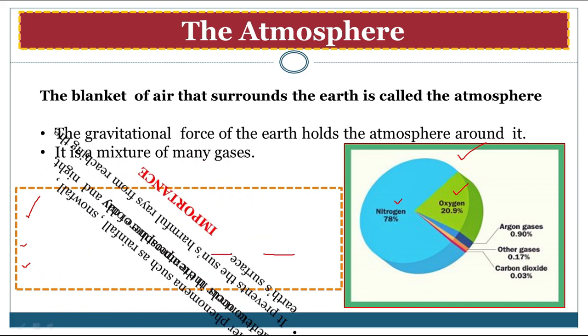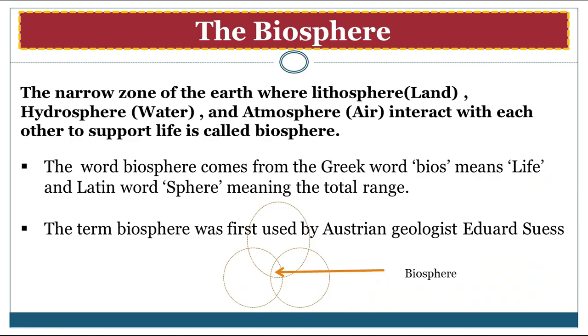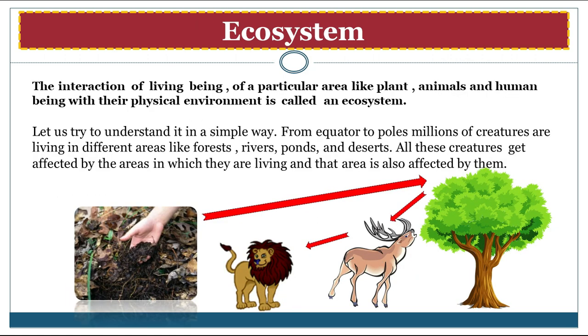Next domain is the biosphere. So what is biosphere? The narrow zone of earth where lithosphere means land, hydrosphere means water, and atmosphere means air interact with each other to support life is called biosphere.